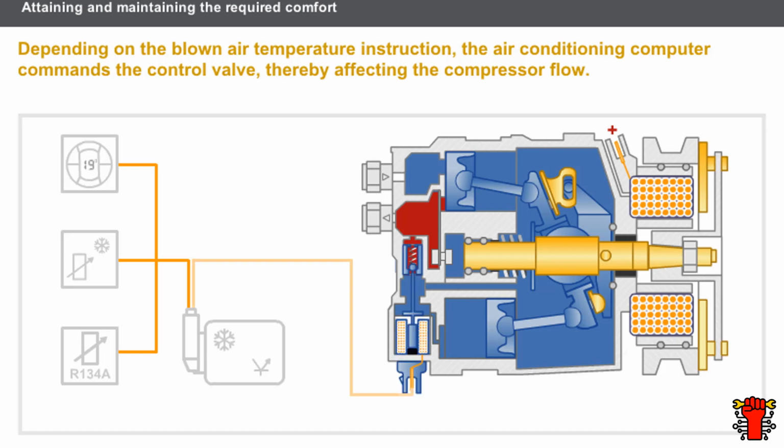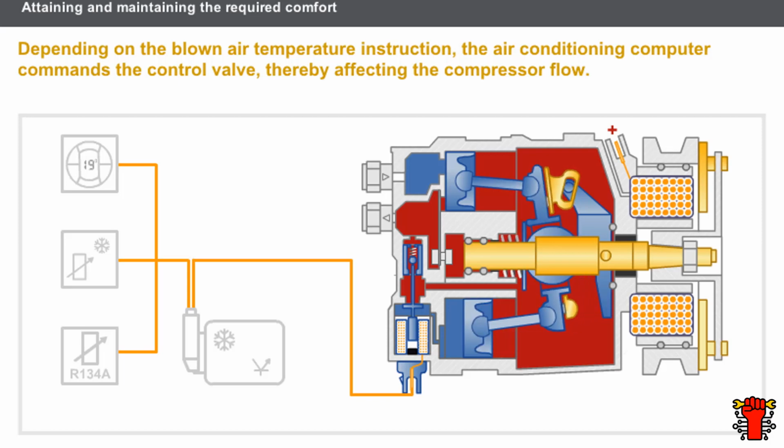The computer then controls the electric control valve. This command is carried out via a pulse-modulated current, and the capacity will relate to the cyclic ratio of this signal. The control valve receives the command signal and controls the variable capacity compressor. The control valve imposes a pressure differential corresponding to a variable plate position.